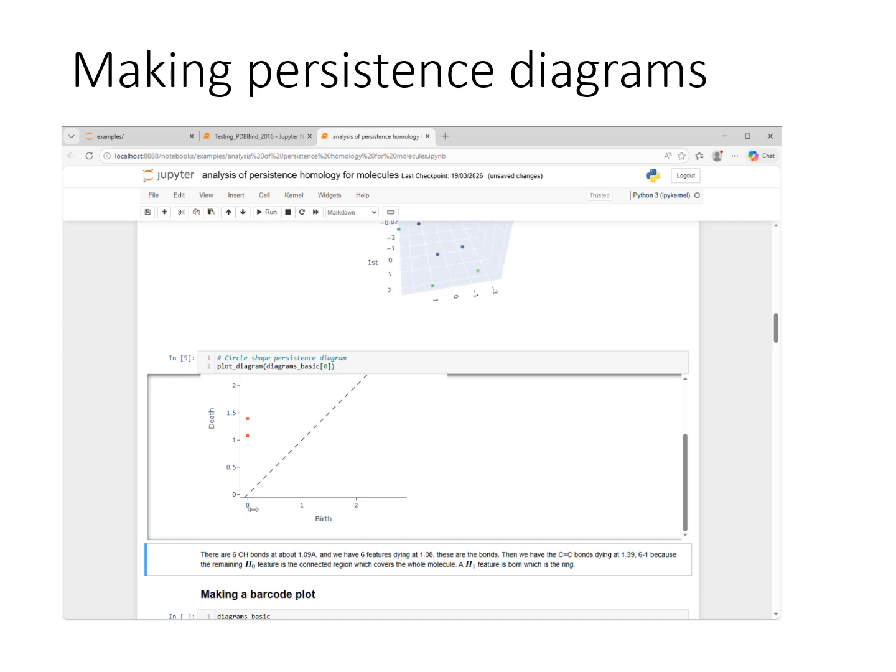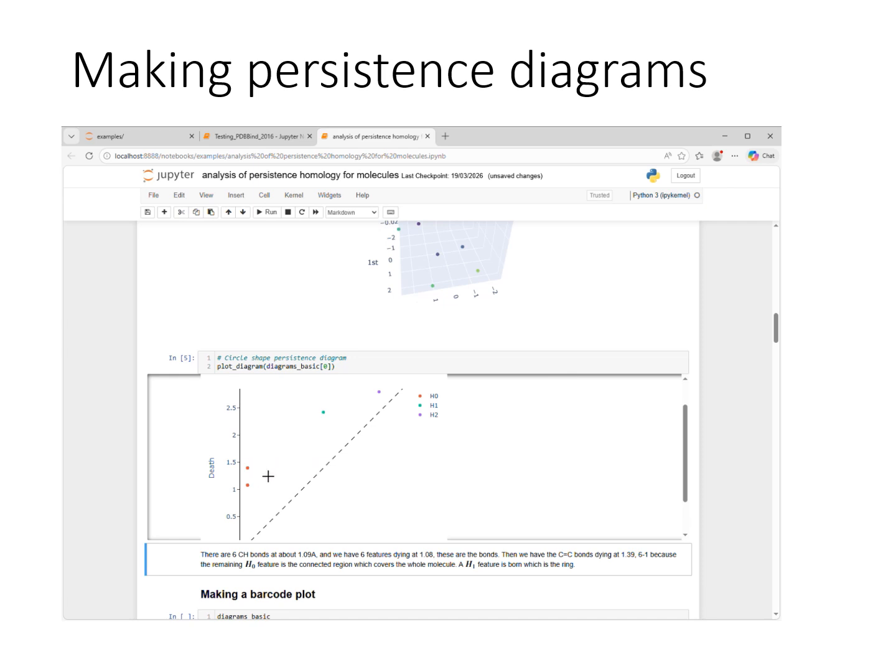So at 0 angstroms we have 12 features which are born, which is the 12 atoms. At 1.1 angstroms, 6 of them die, which is the CH bonds merging together, or merging from the atoms. At 1.4 we have another 5 features that die, which is the carbon-to-carbon bonds, and the remaining connected feature is the one that covers the entire molecule.